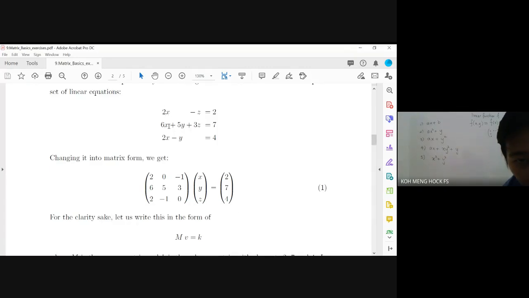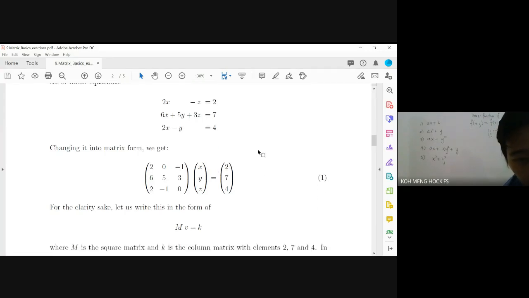So you have x, y, z, x, y, z, x, y, z, and then you put all the coefficients according to the place where they appear, and on the right hand side you have the unknowns x, y, z. So here you can see 2 times x, you have 2x plus 0 minus z equals 2. If you arrange it like this, you can get back these sets of equations.